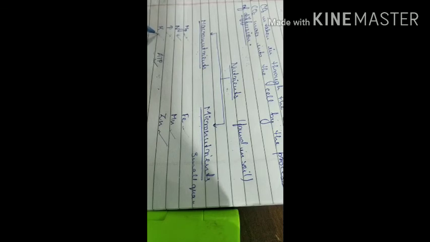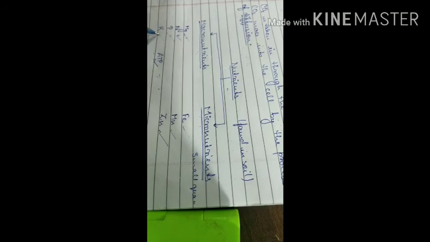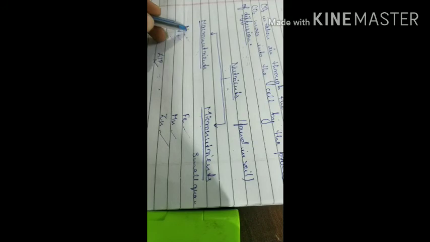The function of potassium is that it governs the opening and closing of stomata, through which carbon dioxide enters the plant. So these are the macronutrients required in the plant for the synthesis of their food.